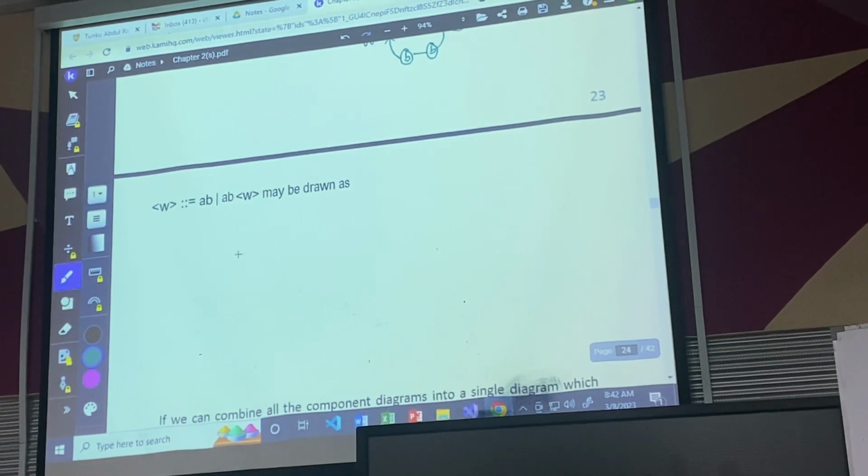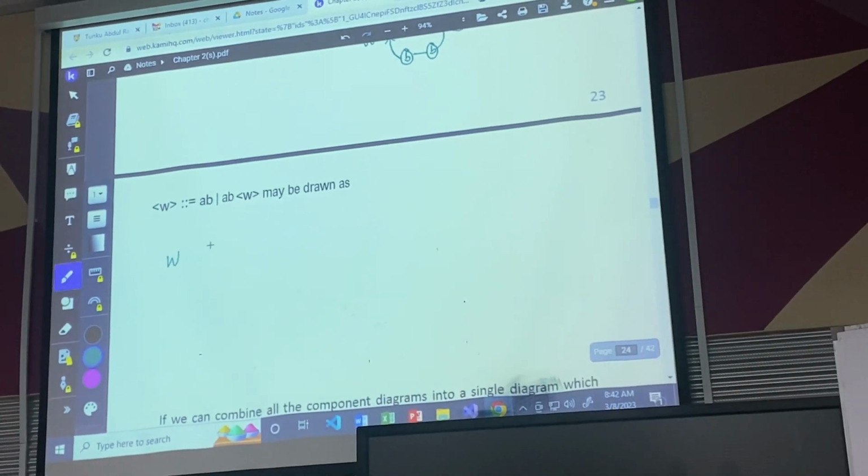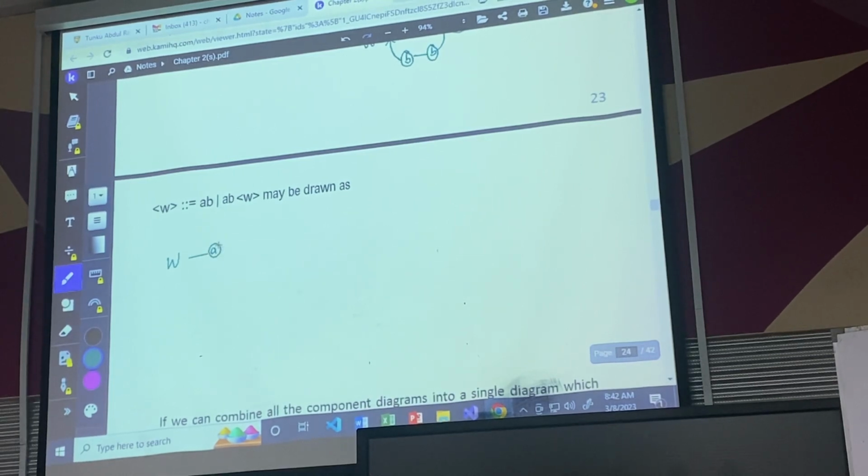The easiest one is to separate into 2. So this one, W substitutes with AB. The second one, I can have AB go back to W. So this is a loop of ABW. And another one is AB only. So separate into 2 syntax diagrams.